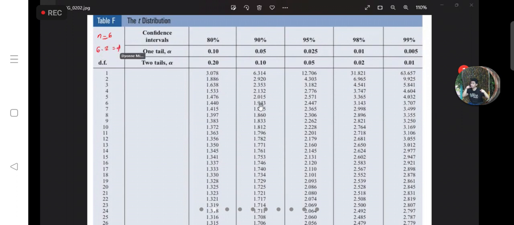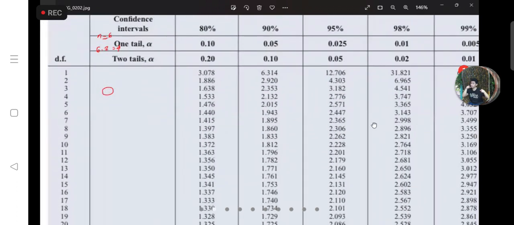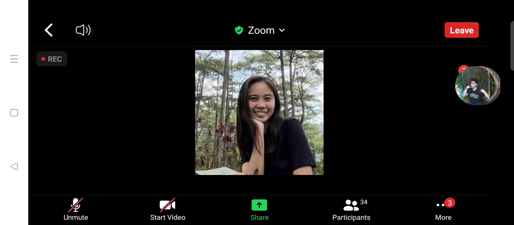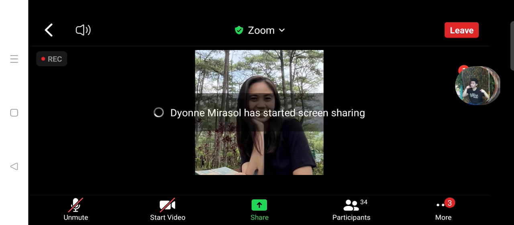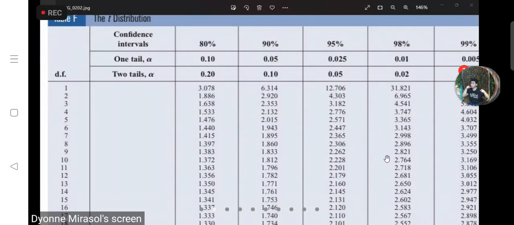Our degree of freedom that we will be using is 4. So arita sa 4, so our degree of freedom is 4.